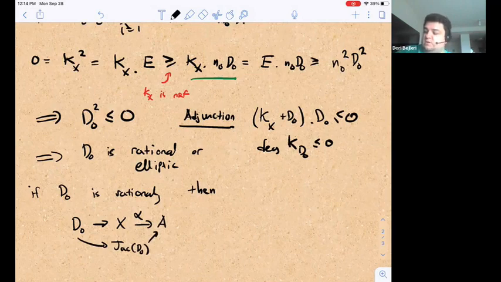But the Jacobian of a rational curve is just a point. But we showed above, where we picked d0 so that it was not contracted to a point.